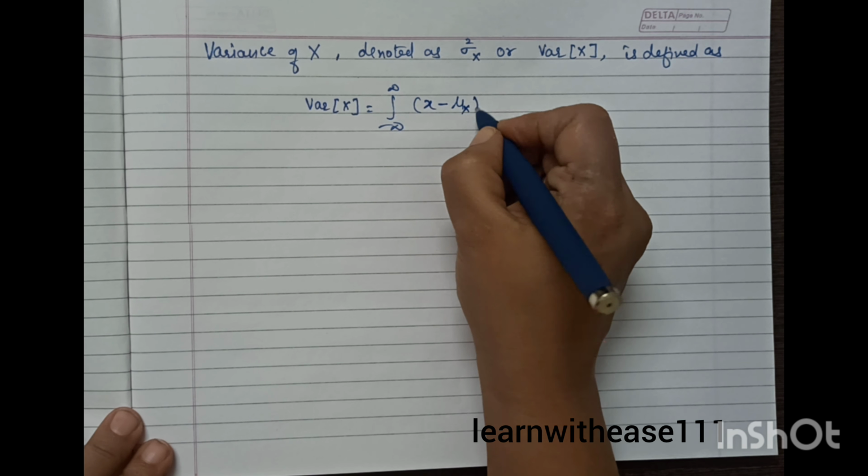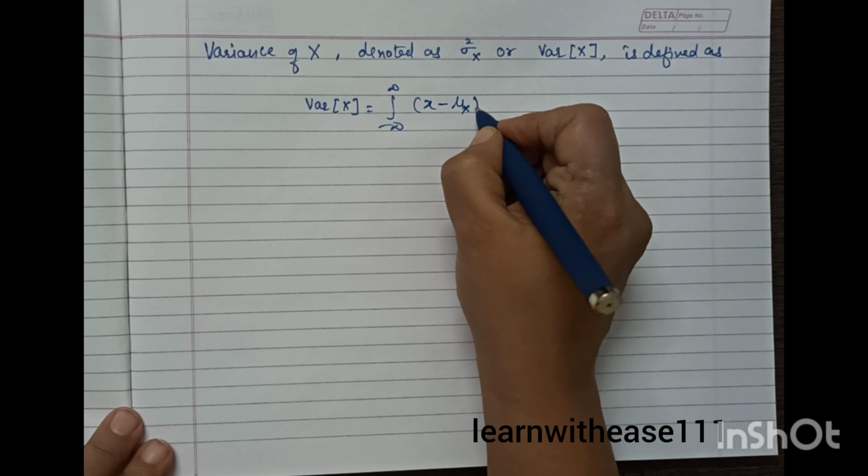We can solve this further to simplify. Opening the square, x square minus 2x mu x plus mu x square. Simplifying the integration in three parts, x square f(x), and here mu x and 2 are constants.